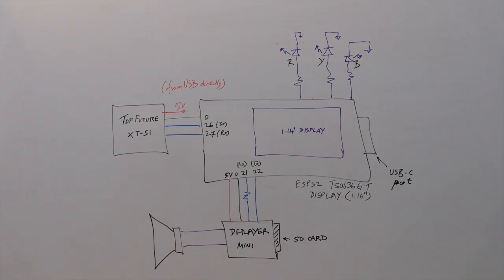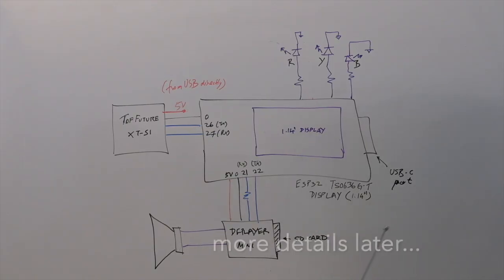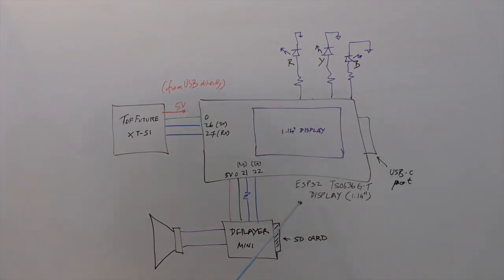So here's the hardware setup. It basically consists of this ESP32, called the TS0636 GT display. It's got a fairly long name with a bunch of features, including Bluetooth, Wi-Fi, and a 1.14 inch display.